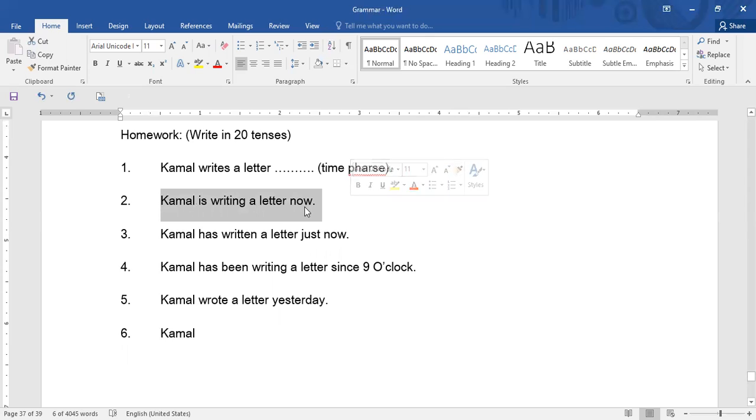Kamal is writing a letter. Here you can only change the helping verb. What's the helping verb? How would it be changed? Kamal, past. What's the past form for is?